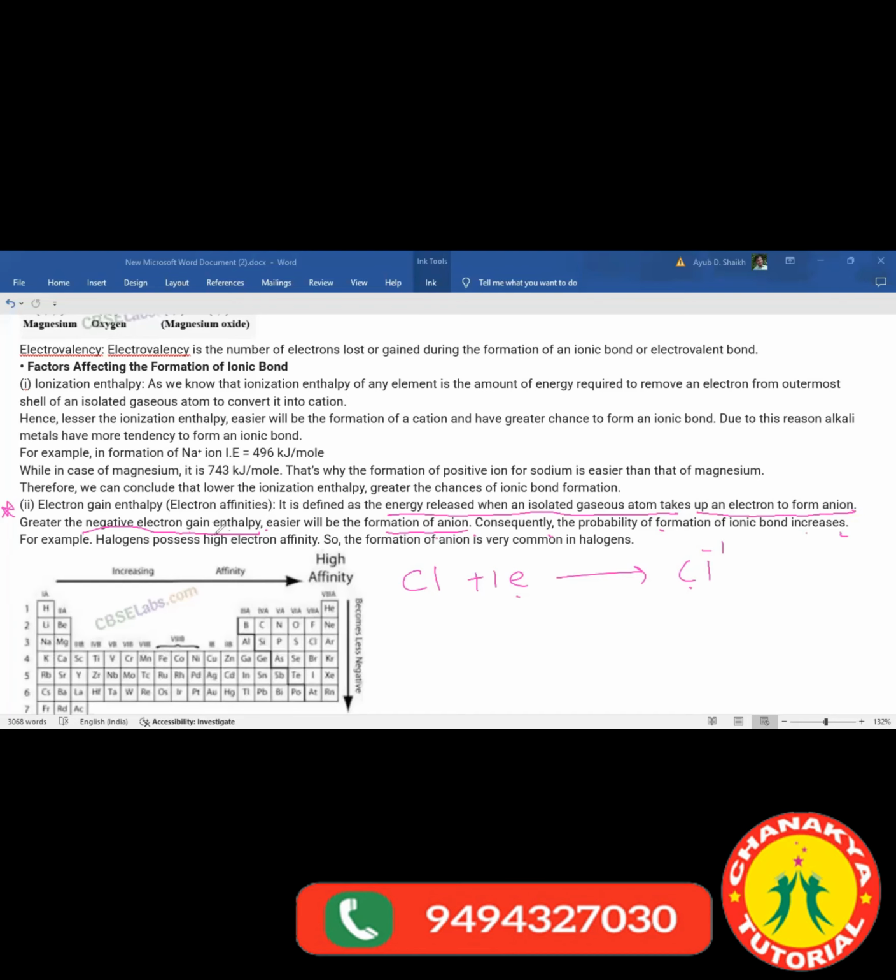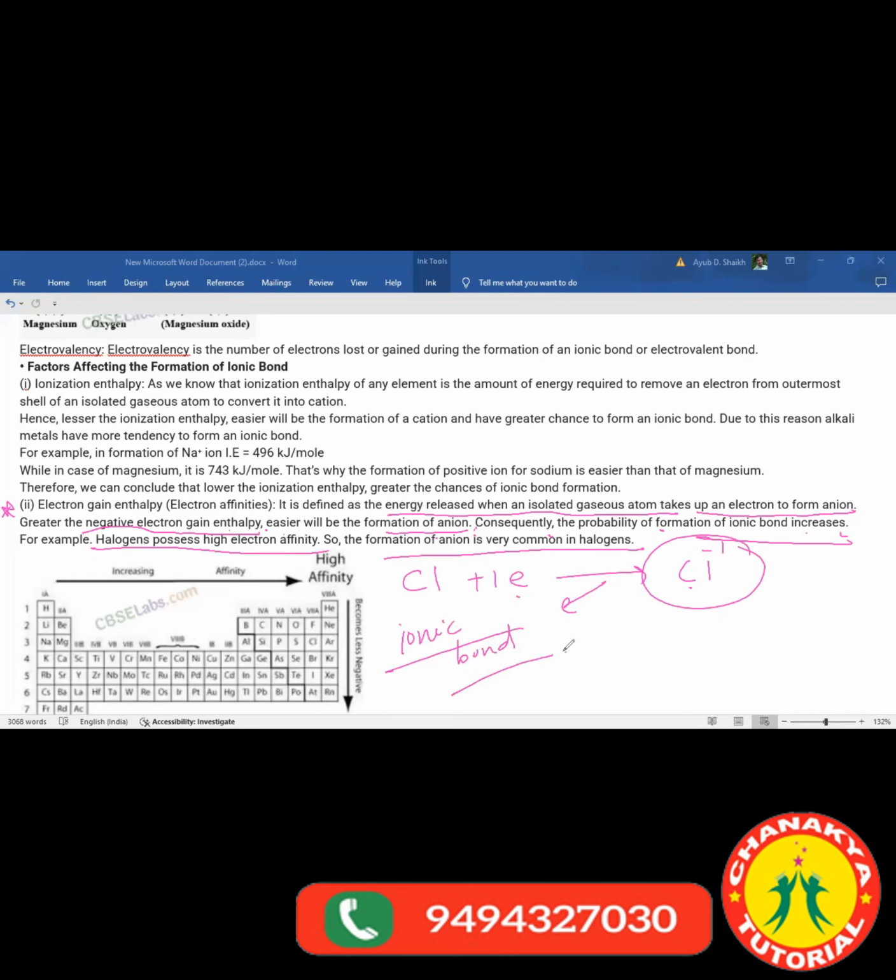If the electron gain enthalpy is more negative, then formation of anion becomes easier. When formation of anion becomes easier, the chances of formation of an ionic bond also increase. For example, halogens possess high electron affinity, so formation of anion is very common in halogens, and hence almost all halogens form ionic bonds.